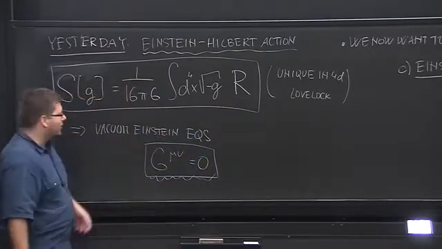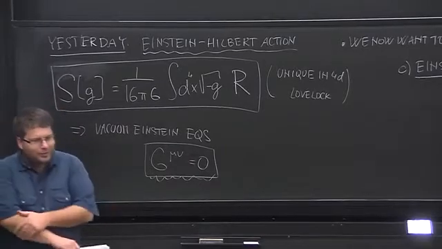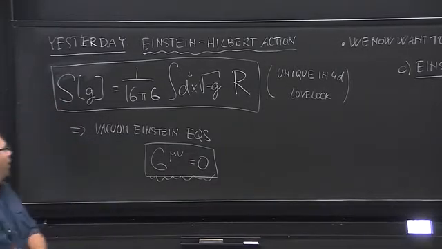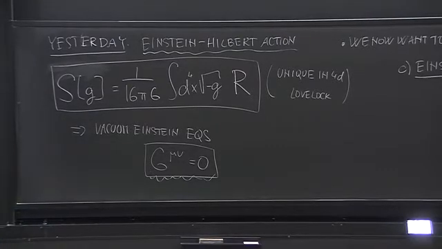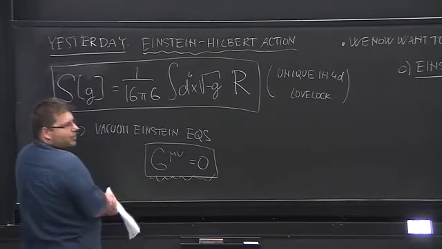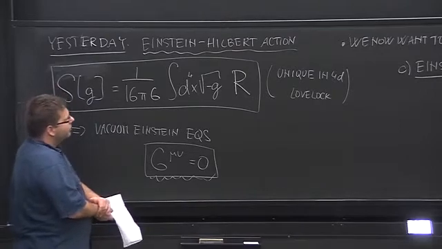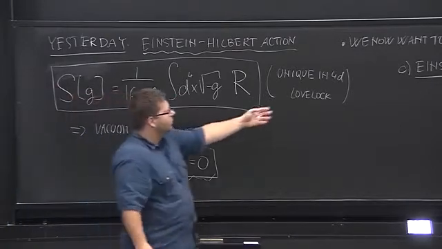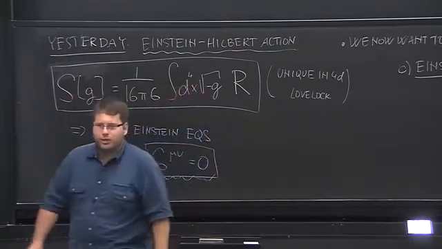This is the right answer for deriving the gravitational equations. It can actually be shown that if you write any other scalar in 4 dimensions, then you are violating the requirement that the resulting equations are second order equations. And so this answer is actually unique in 4D.